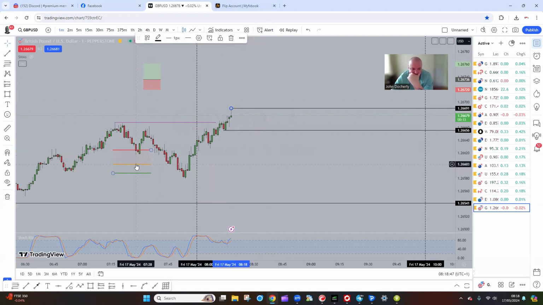And again, we just follow price. We just wait until we get a close of this here, and then we'll get the separation candle. So just about following price, to be fair.